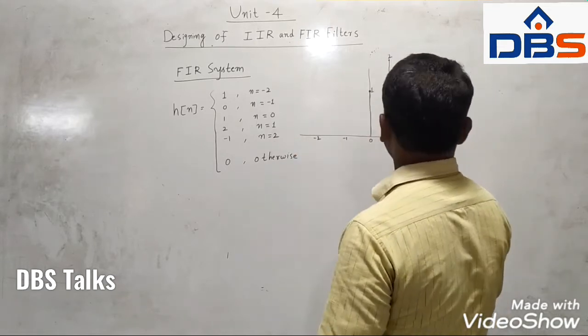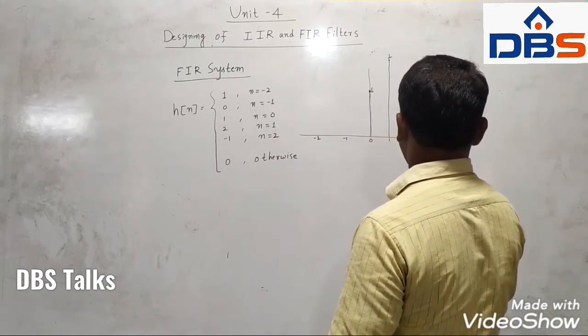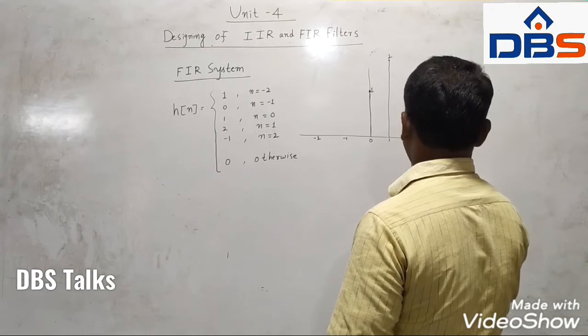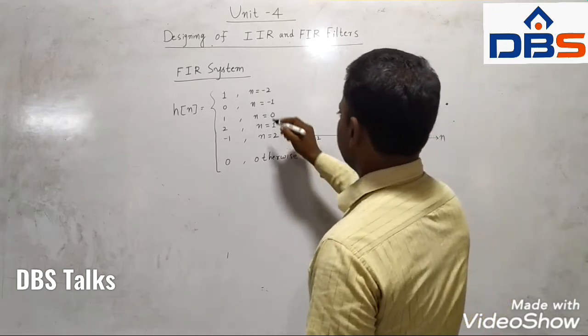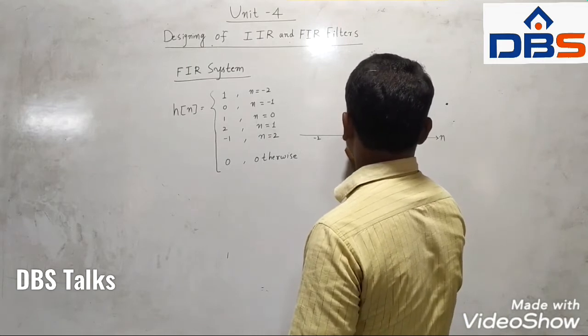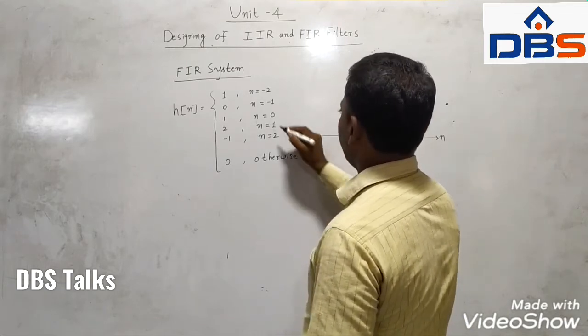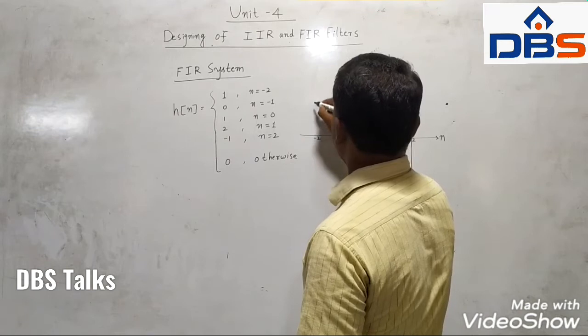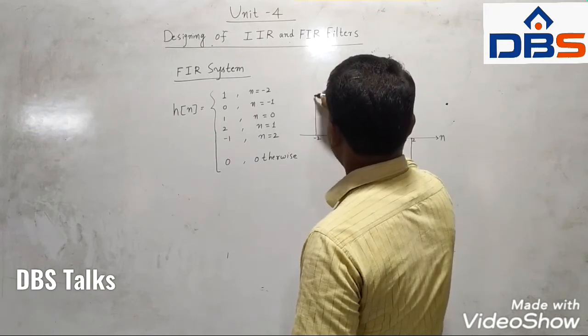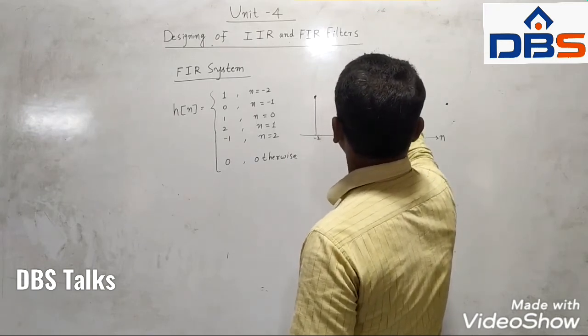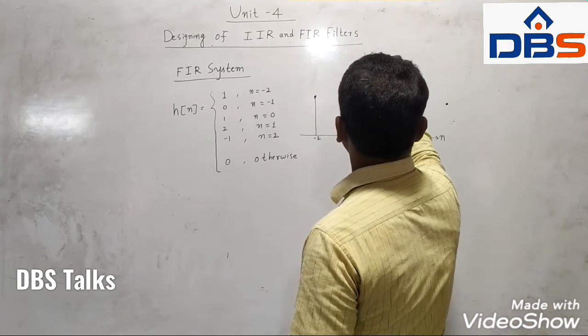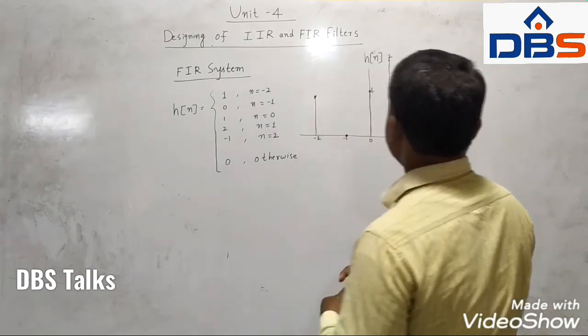At n is equal to 2, it is minus 1. Amplitude, it means amplitude, minus 1. At n is equal to minus 1, it is 0. At n is equal to minus 2, it is 1 again. Right? This is how we generally plot a discrete time sequence.